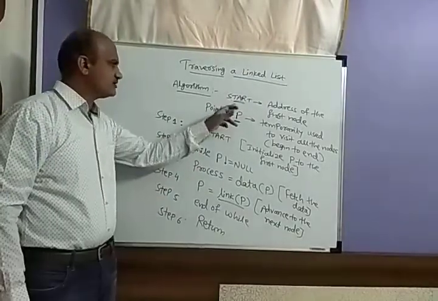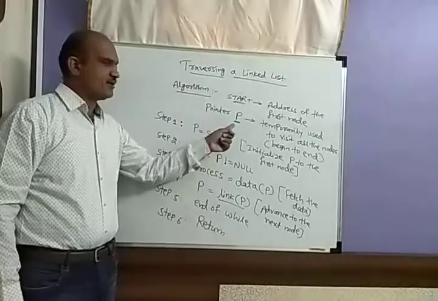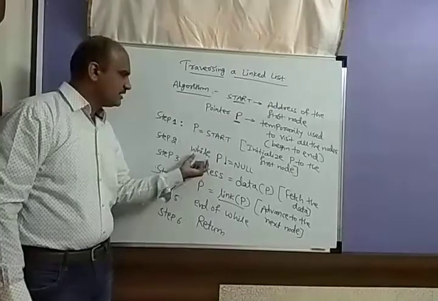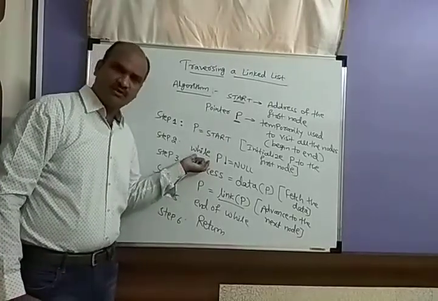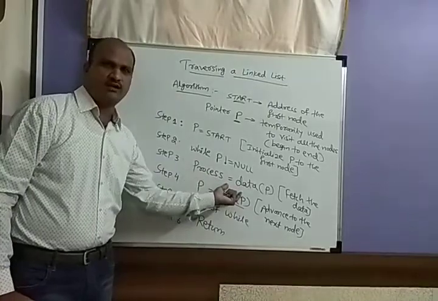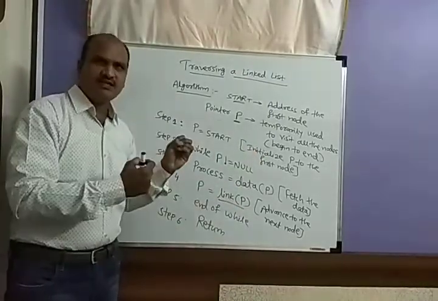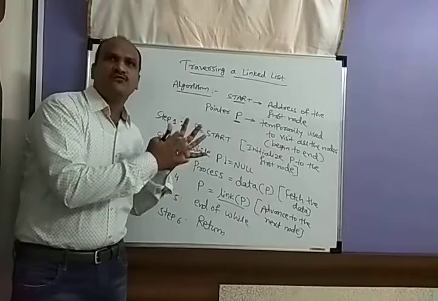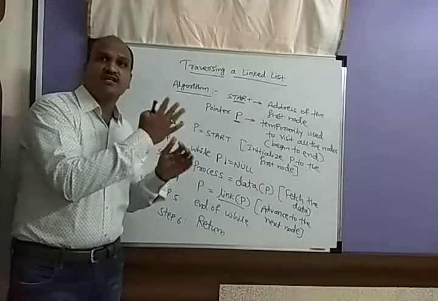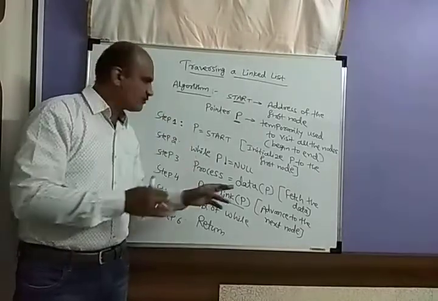So you need start and P for the pointer. First you initialize the pointer to the first node, then you check the condition P not equal to null, then the process will happen. Process is equal to data of P means fetching the data, as I discussed in the steps: fetch the data from the node and perform the required operation.